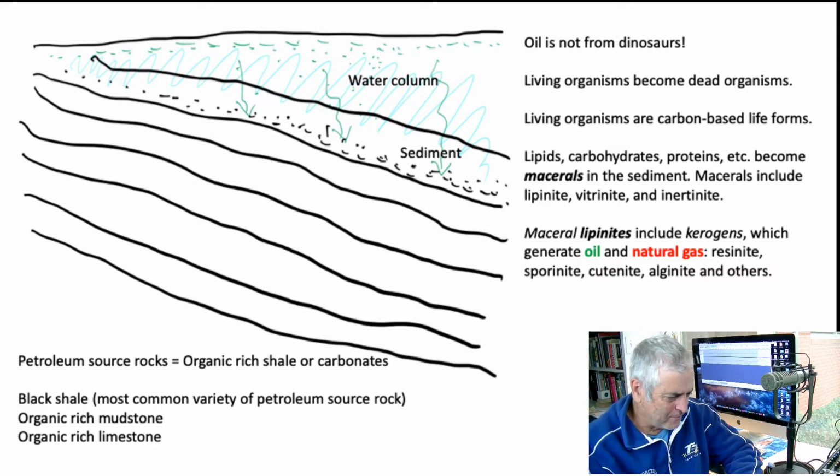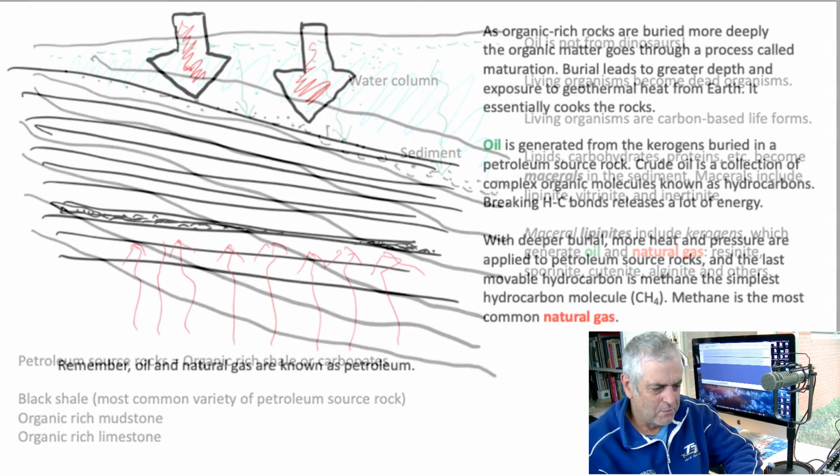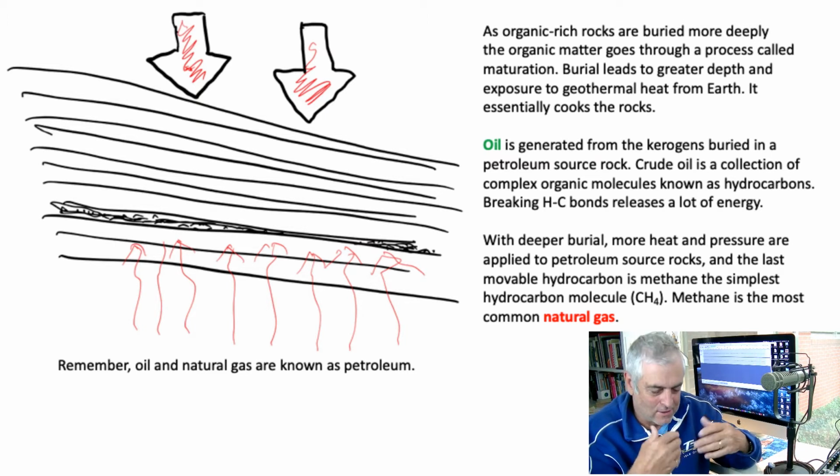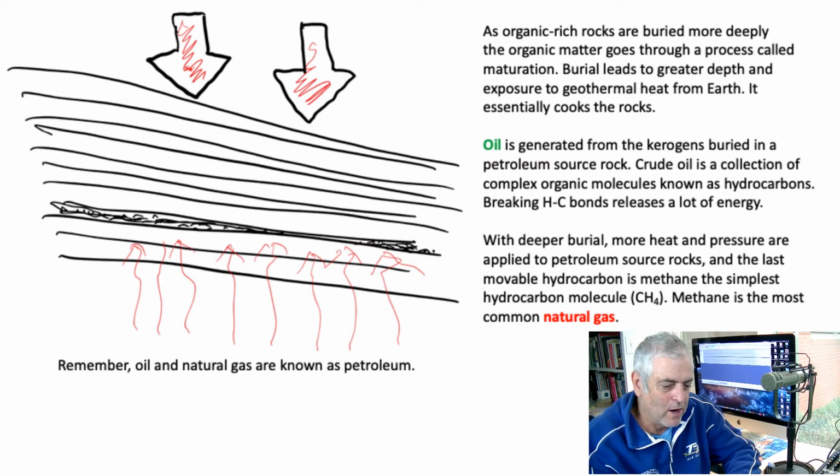And so if we look at these petroleum source rocks, we're going to bury them even more. And as you keep burying them, in that burial process, you're also getting them hotter. Okay, so you're getting a geothermal gradient, and you're essentially cooking those petroleum source rocks. And so as they get cooked, these kerogens will actually cook into natural gas and petroleum products, if you will.